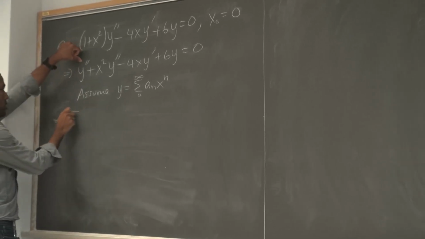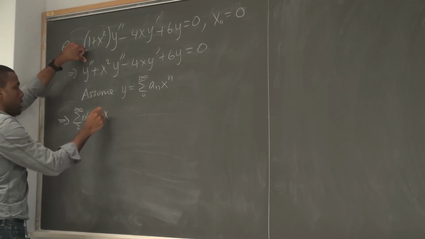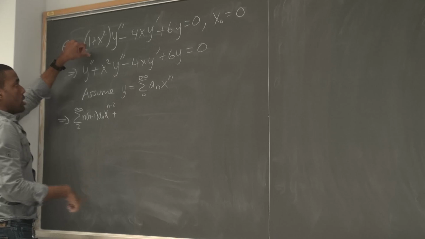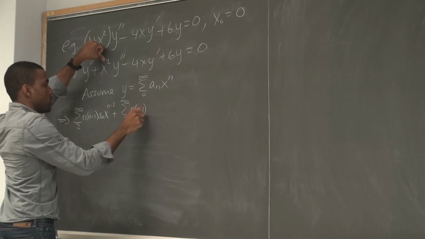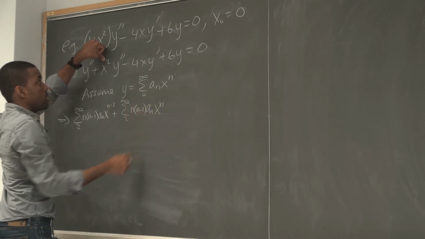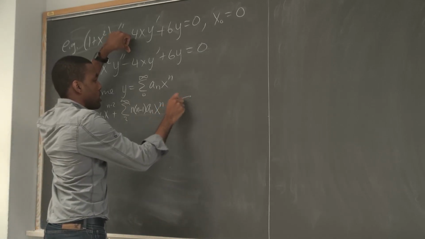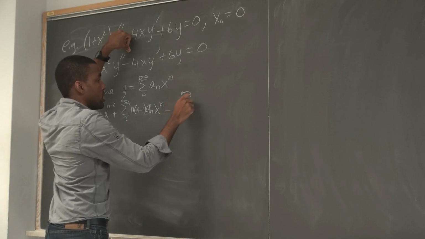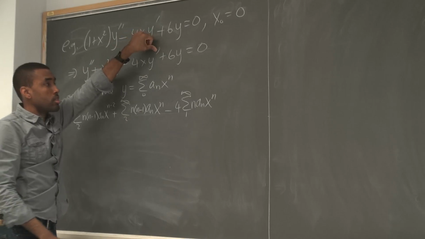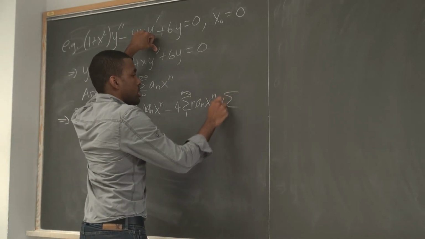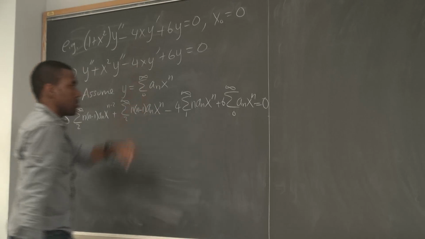This is the second derivative, so this is the series from 2 to infinity of n times n minus 1 an x to the n minus 2, plus the series from 2 to infinity of n times n minus 1 an x to the n, because I multiply this x squared in, minus 4 times the series from 2 to infinity of n an x to the n, again because I multiply this x in, plus 6 times the series of an x to the n from 0 to infinity equals 0.